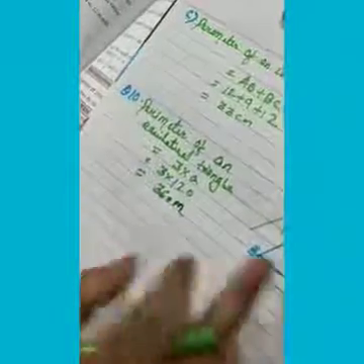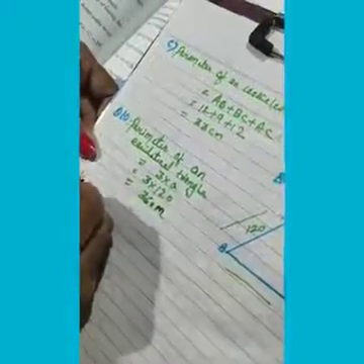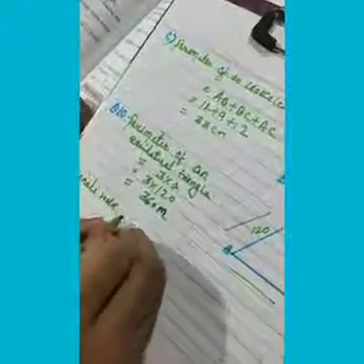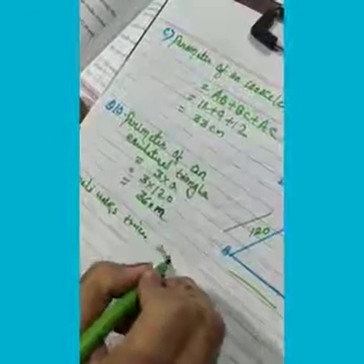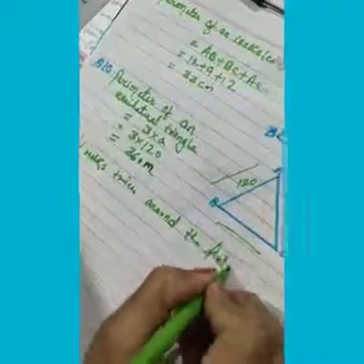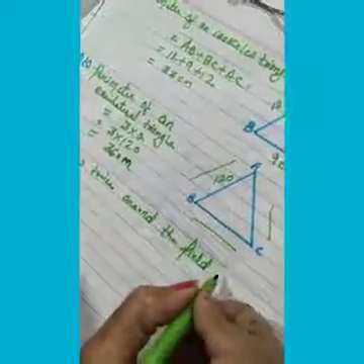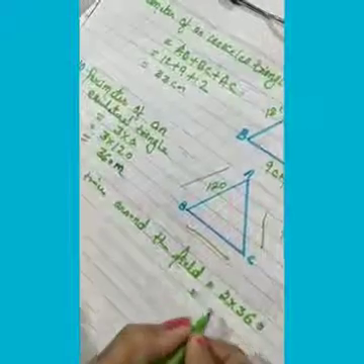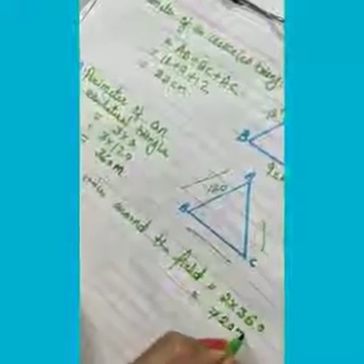Now, the next part: if Sonali walked twice, means 2 times, then find the distance covered by her. So simply you write: Sonali walked twice around the field equals 2 into 360, which is 720 meter.